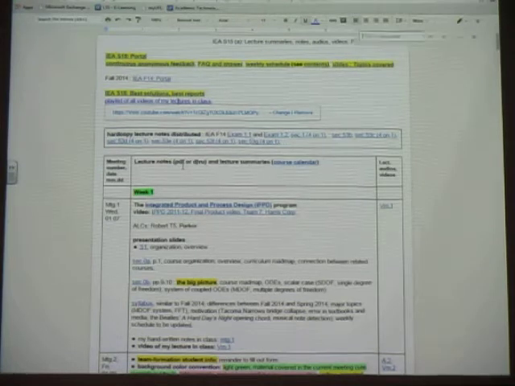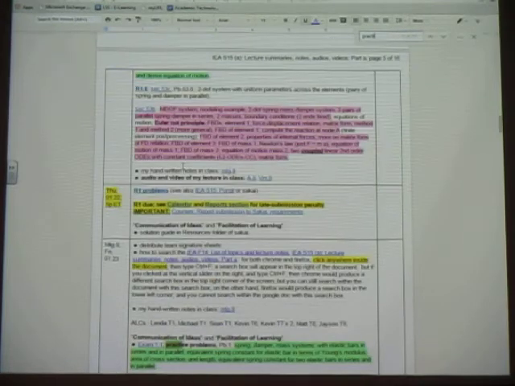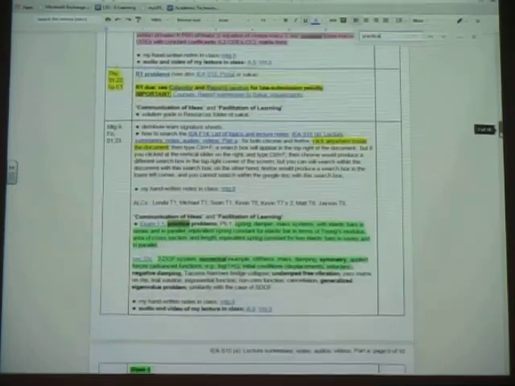So Control F. This is search. You see on the top right corner there's a search box. You type practice.